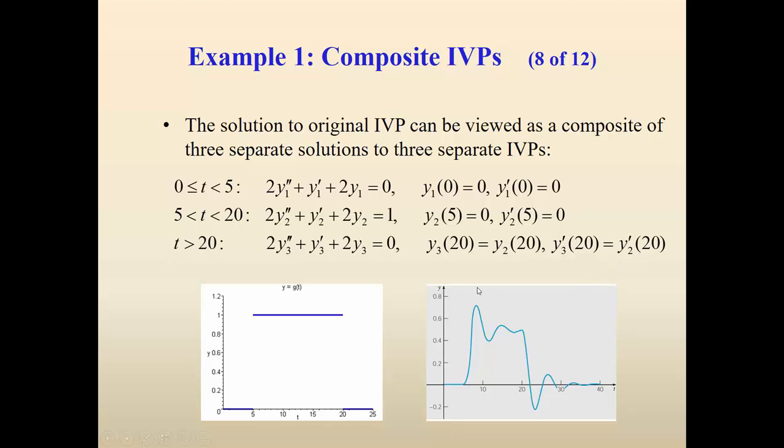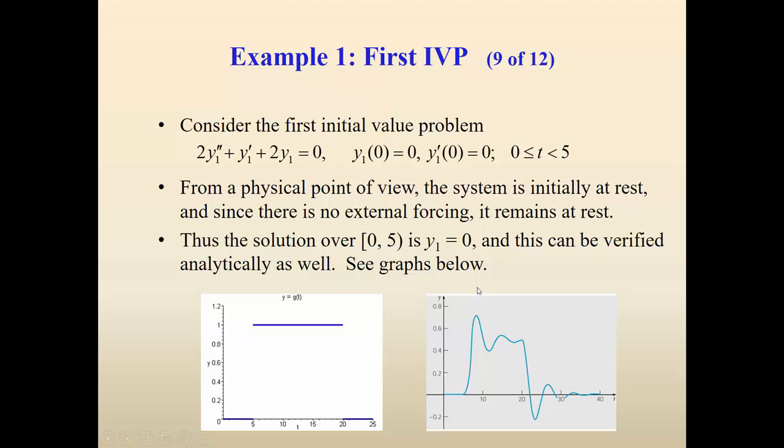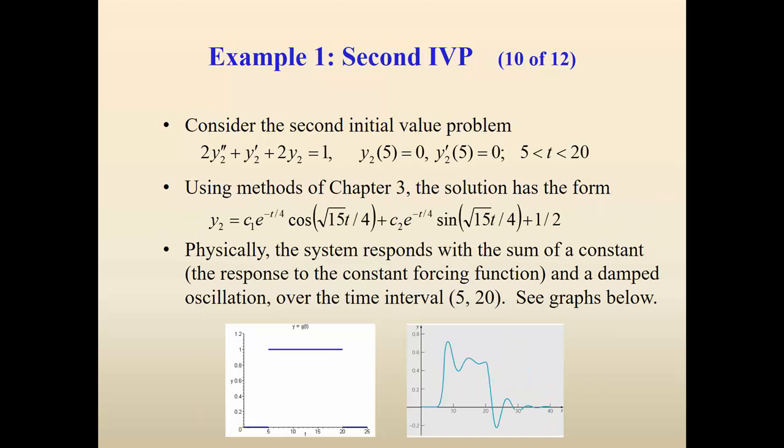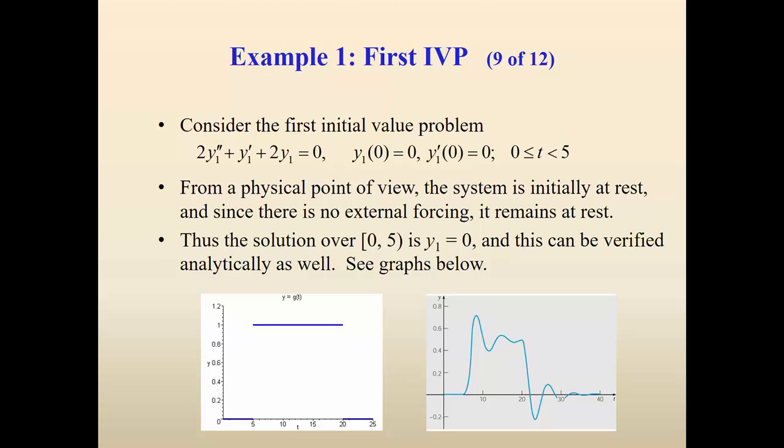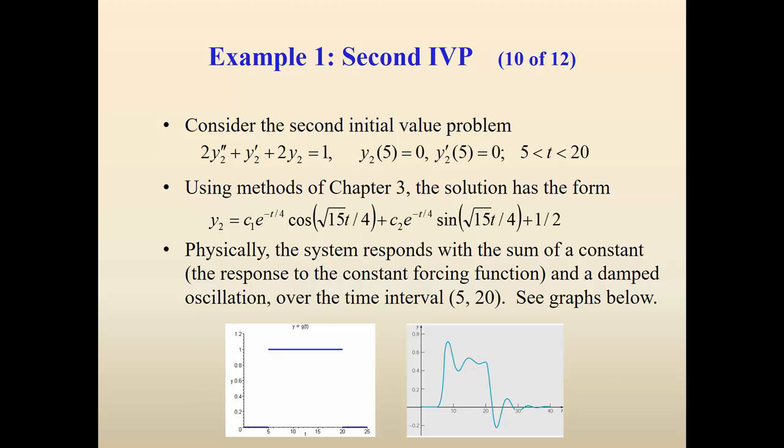And so we can go one step at a time. First from 0 to 5, then from 5 to 20, and then from 20 on. This will still match. Notice these are the same graphs. Look, that solution should look familiar.